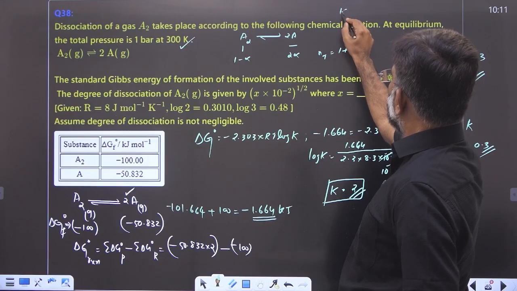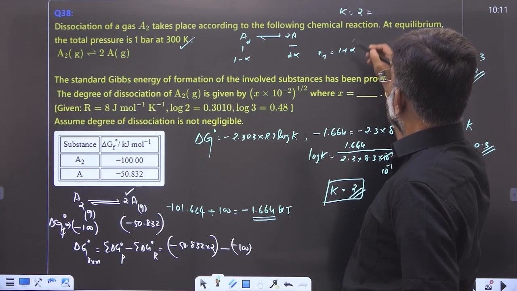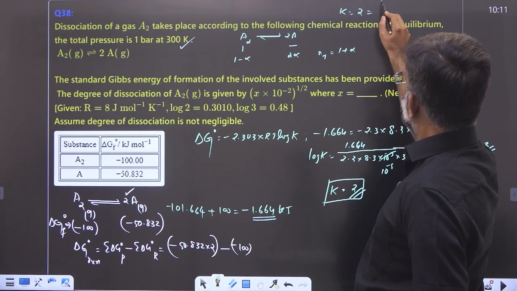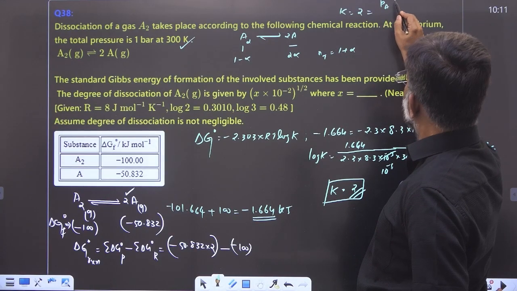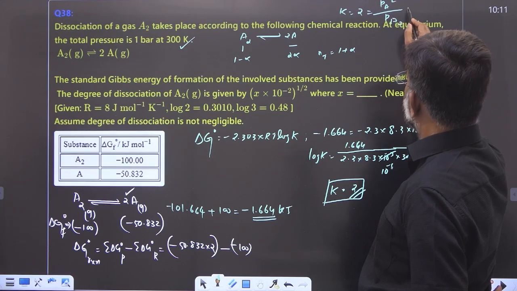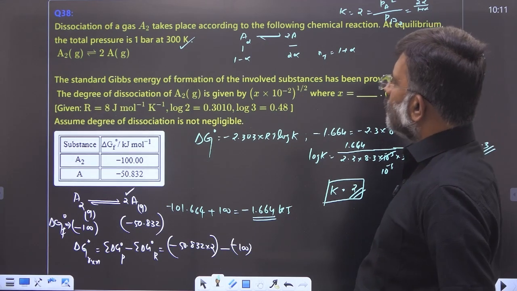Therefore, K equal to pressure of A squared divided by pressure of A2, അല്ലേ? That is 2 alpha by 1 plus alpha into total pressure.